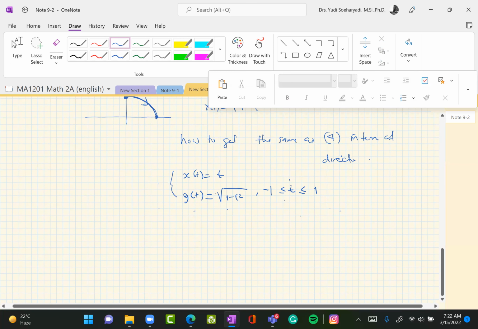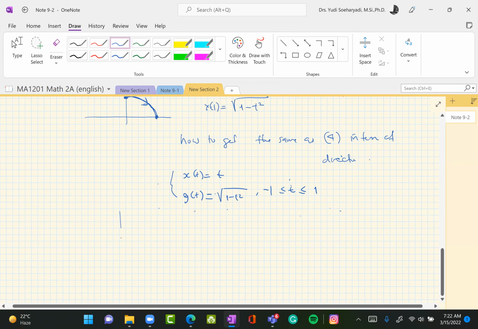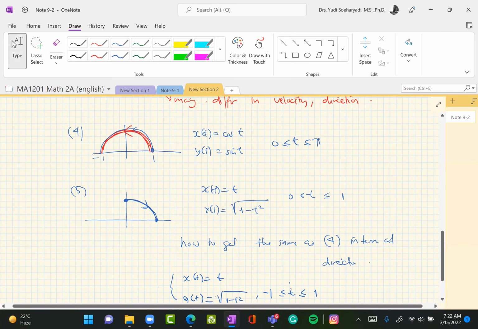If t equals -1, so you really have from here going there. Right? The only difference is that you're going the opposite direction of what you have in here.